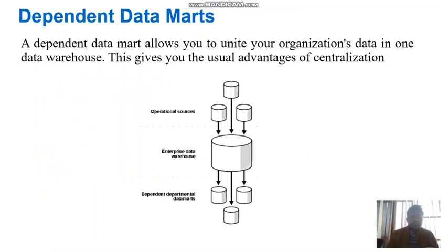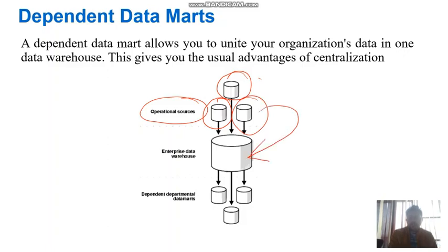Now, what is dependent data mart? This dependent data mart allows you to unite your organization's data in one data warehouse, and it will give you the dependent departmental data marts. The data comes from the operational sources, like sales, finance, and marketing, and it unites the data in the enterprise data warehouse.